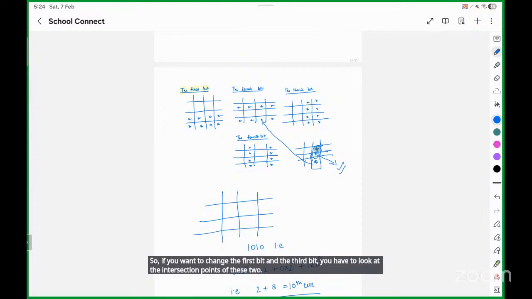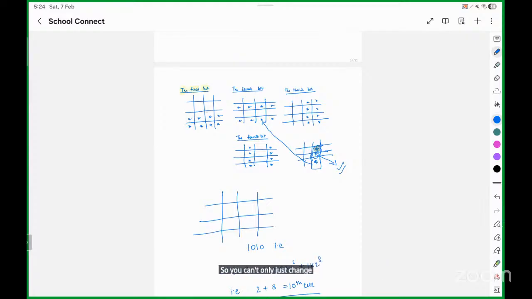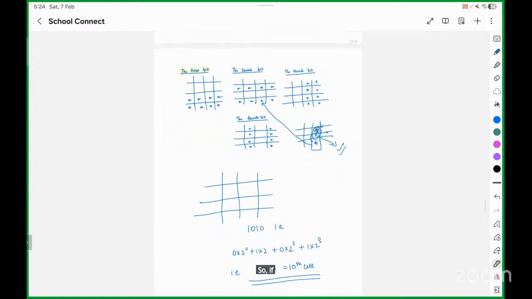You can't just change the left terms and these terms, because that will only change either the first bit or the third bit. If you want to change both bits, you have to look at these four, because this is the intersection.